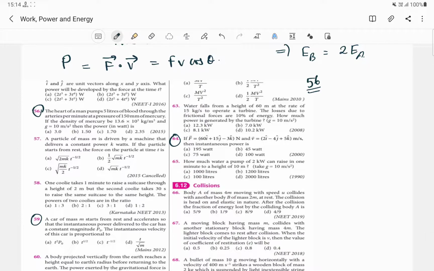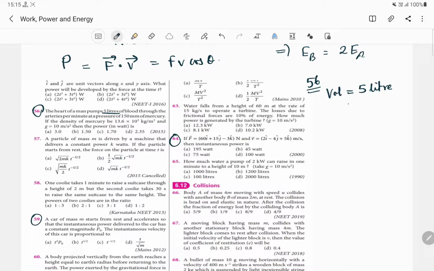Provided that 5 liter, and we do know that liter is the unit for volume. So volume V is given as 5 liter, and liter is the commercial unit of volume.